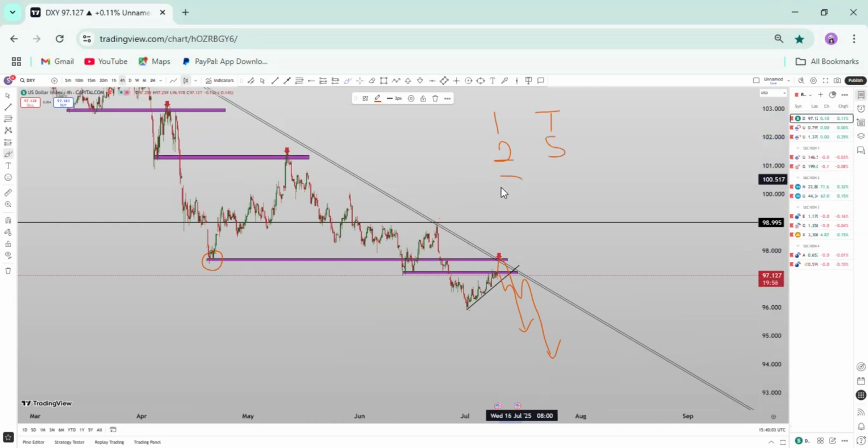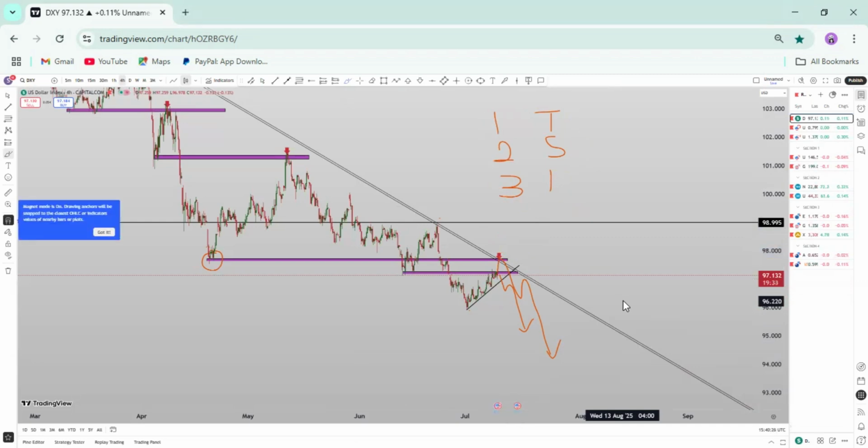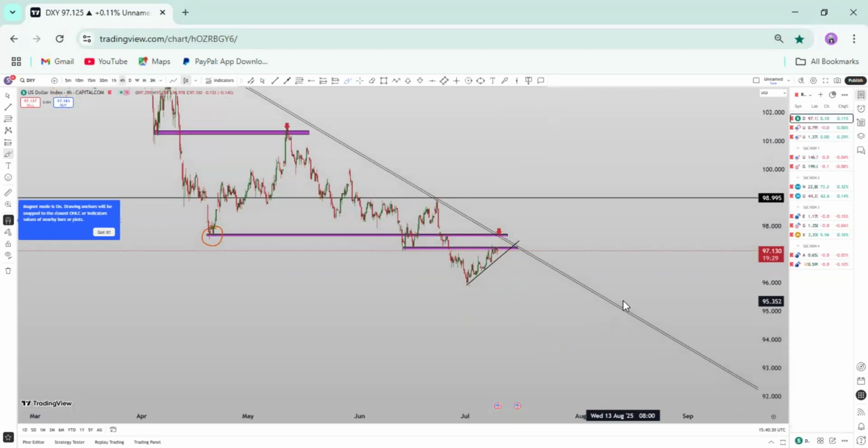And three, we also have a fib level. So if these three strategies meet exactly at this area, then that will be a perfect match for me to enter DXY for a sell setup. So that's all for DXY.